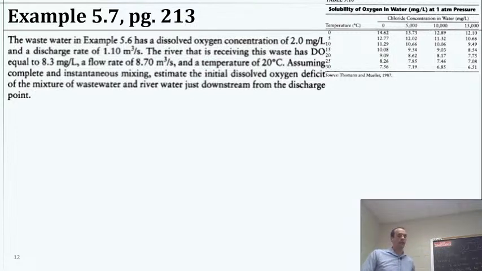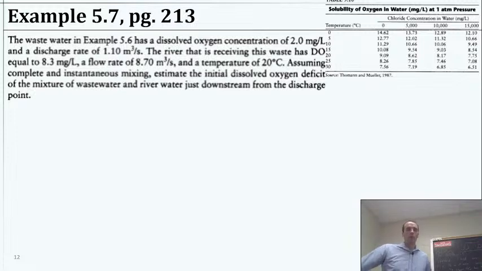I'll get these formulas up for you again in a moment. This is example 5.7, page 213. It says the wastewater in the previous example has a dissolved oxygen concentration of 2 milligrams per liter, a discharge rate of 1.1 cubic meters per second.